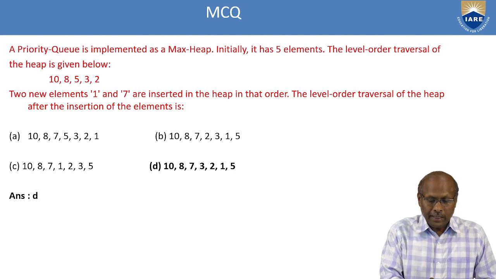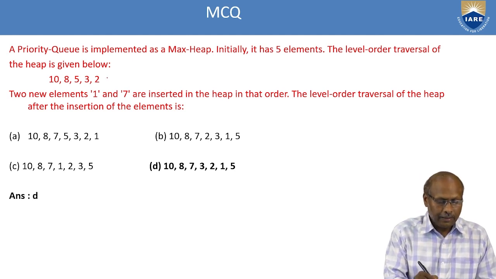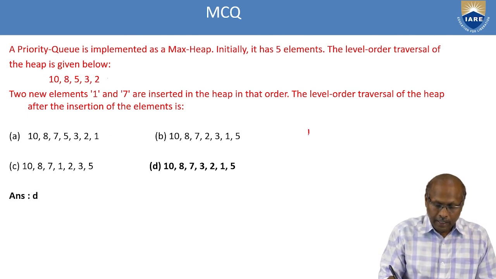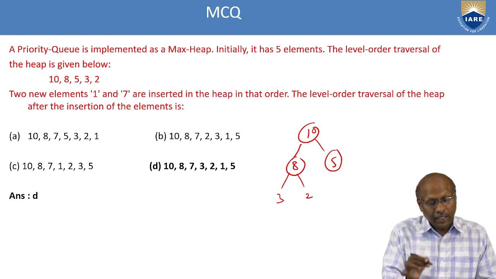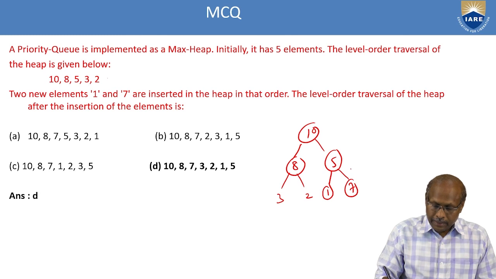Then a priority queue is implemented using a max-heap. Initially it has 5 elements. The level order traversal of the heap is dash. If you apply this priority queue: 10, 8, 5, 3 and 2. So 10. Then he is asking, if you insert 1 and 7: insert 1, because it's a max heap, 1 is inserted. Then insert 7. After inserting 7, it cannot stay here.